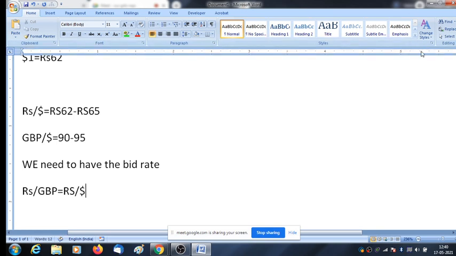But here dollar is given as denominator, isn't it? Then how to get this rate? It's a problem because we don't have dollar by GBP. We have GBP by dollar. Then what to do in such situation? Any idea?